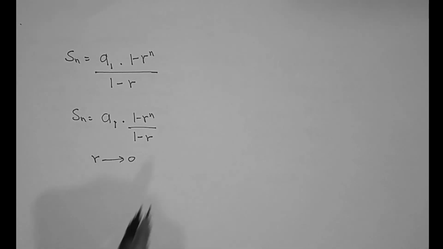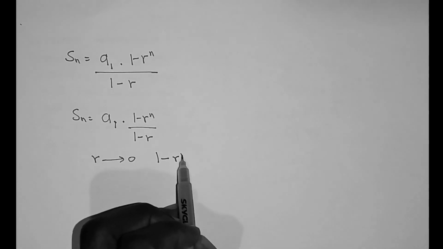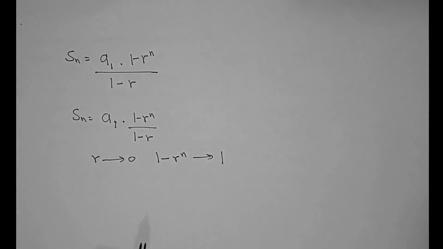So let's assume that r becomes so small that it approaches 0. You see that when r becomes so small, r exponent a certain number as the number becomes very big. So when r approaches 0, then 1 minus r exponent n approaches 1. And therefore Sn, which is sum to infinity.